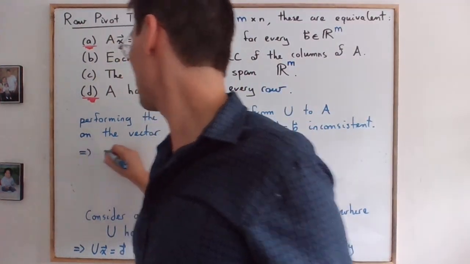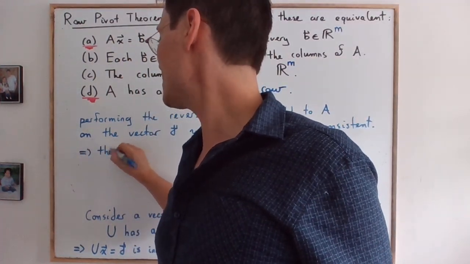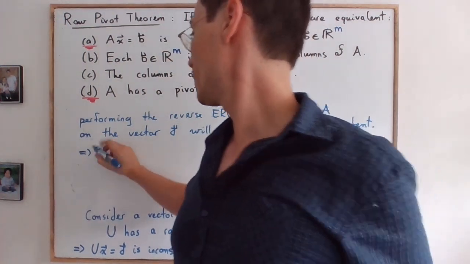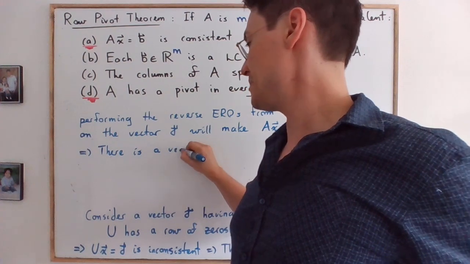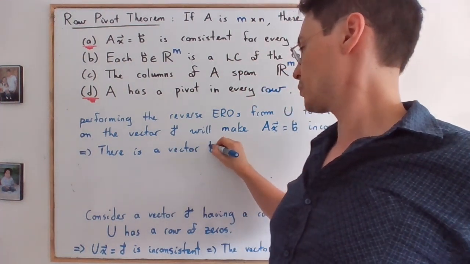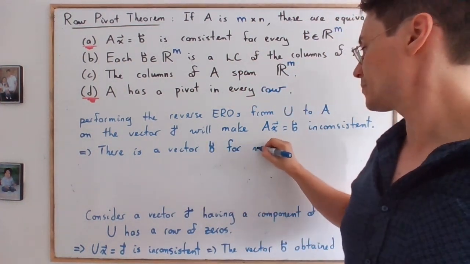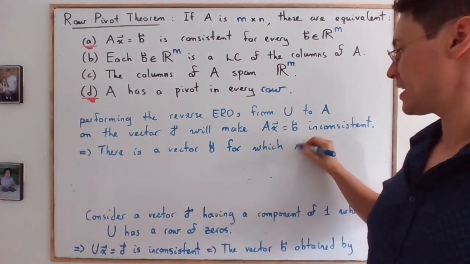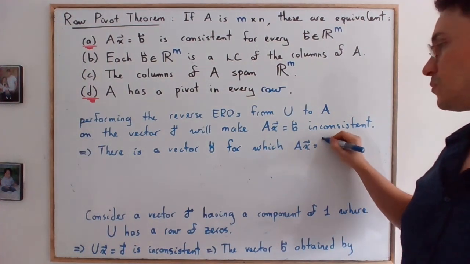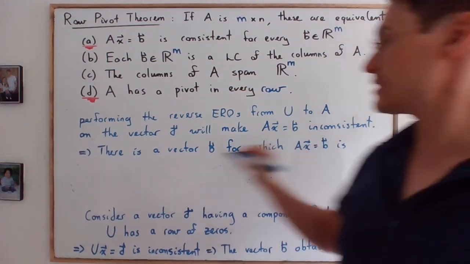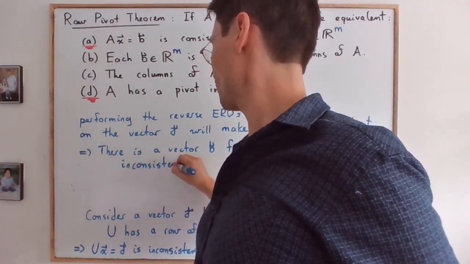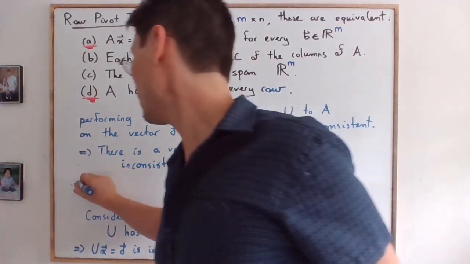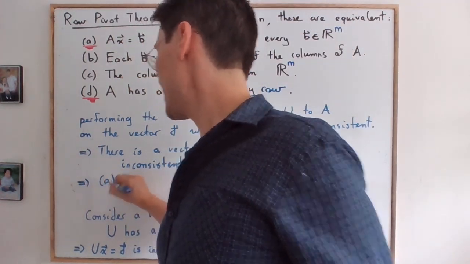So basically what we proved is that there is a vector B for which AX equals B is inconsistent. And as a result, A is false.